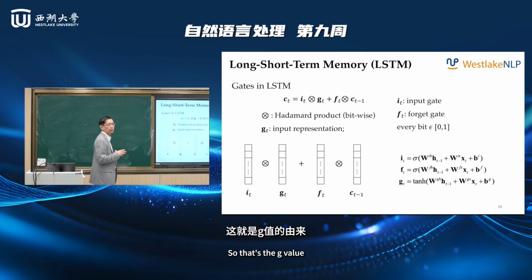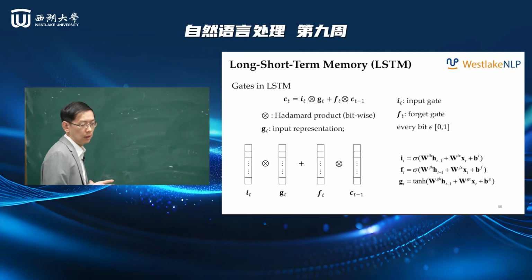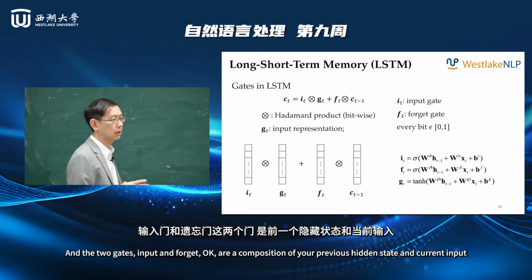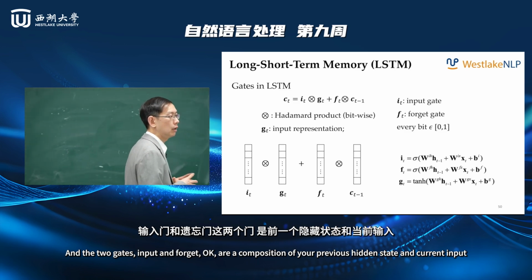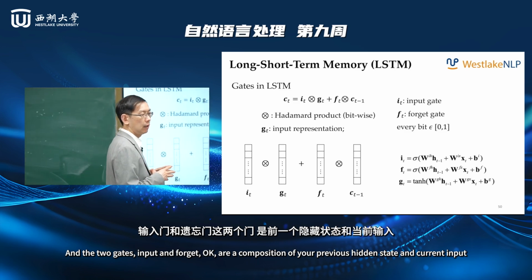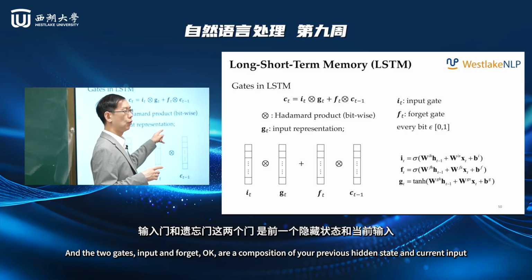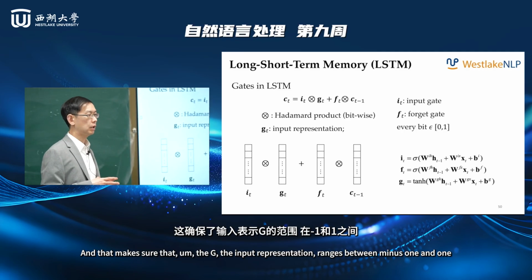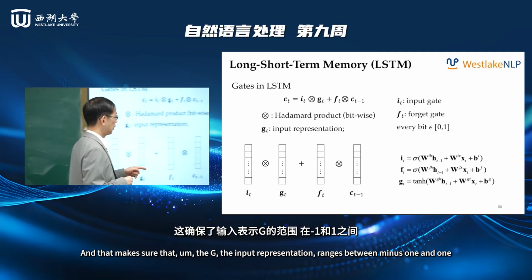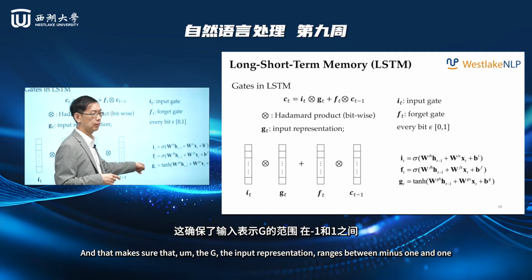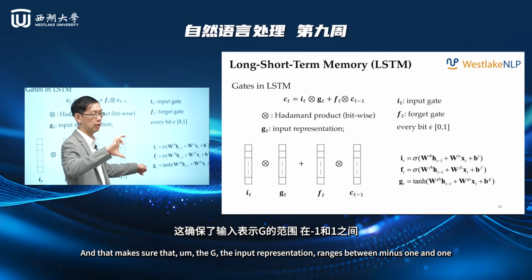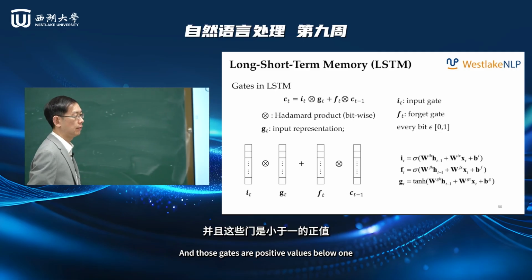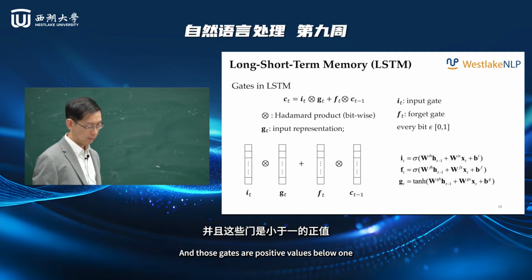So that's the G value. And the two gates, input and forget, are a composition of your previous hidden state and the current input through a sigmoid activation function, as I talked to you earlier. And that makes sure that G, the input representation, ranges between -1 and 1, and those gates are positive values below 1.